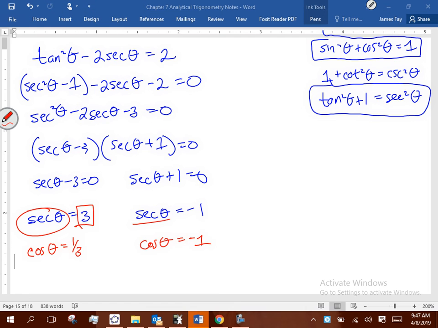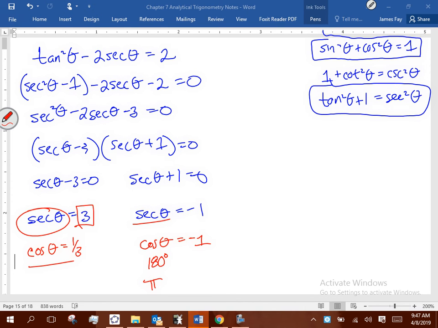Okay. Now, this one's obviously an ugly one, but when is cosine equal to negative 1? At what degree? 180, right? If I'm in radians, it would be pi, correct?